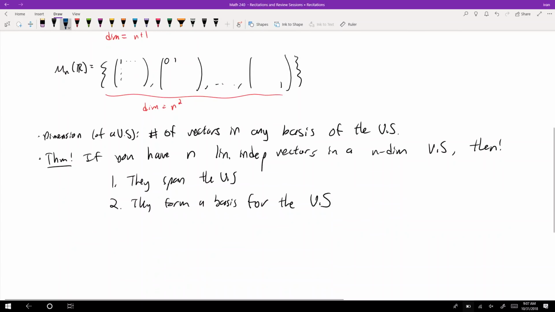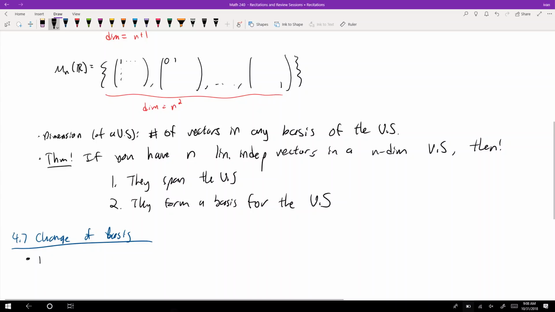For section 7, we kind of skipped around this chapter and came back, but this is the change of basis. It's really a plug and chug section.